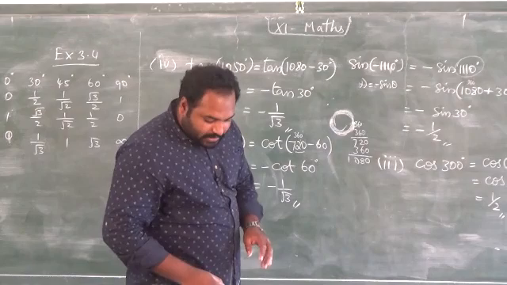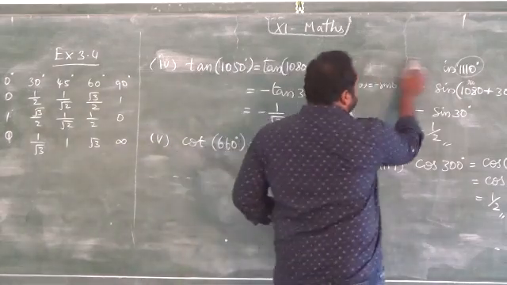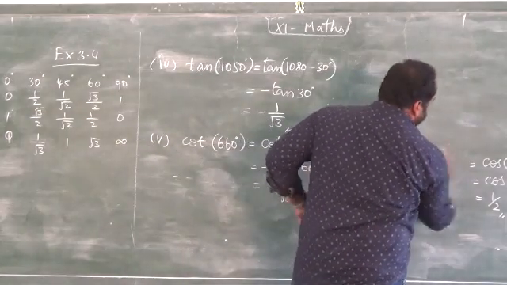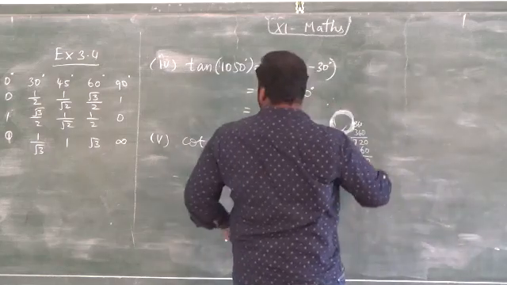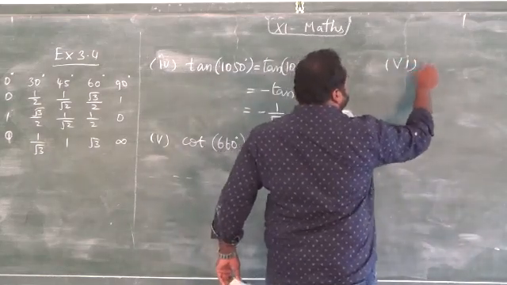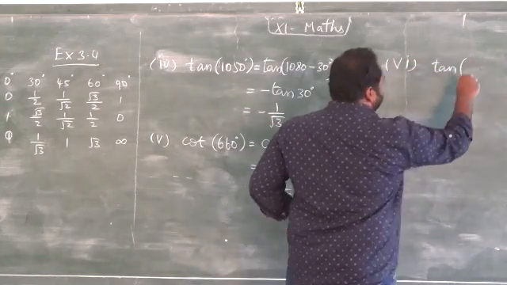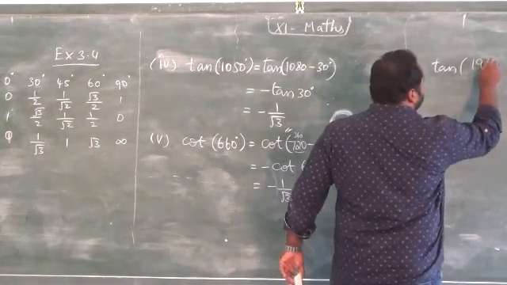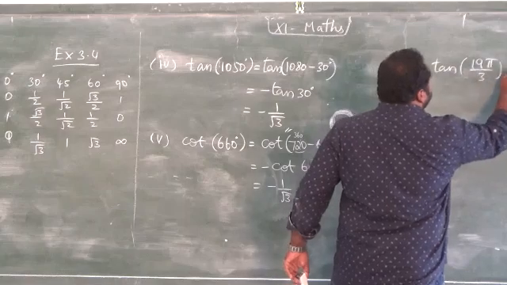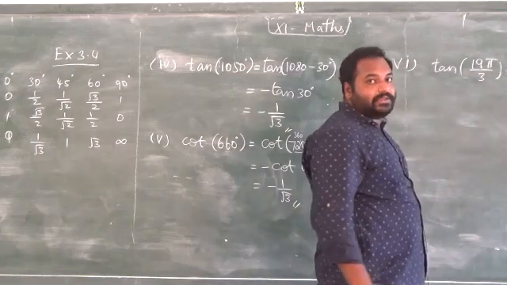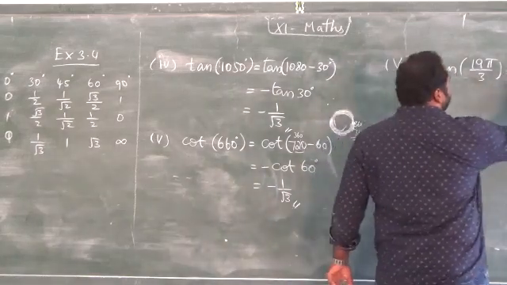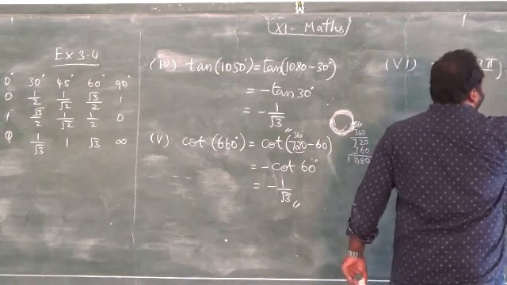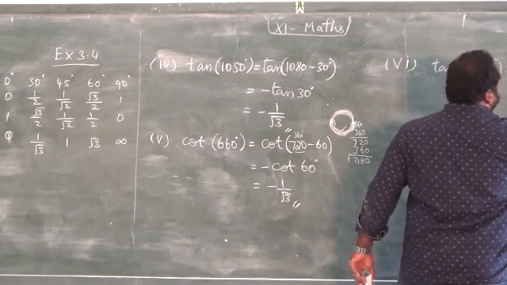Next, problem number 6, tan 19 pi by 3. This is given in the radian format, so change it into the degree format.